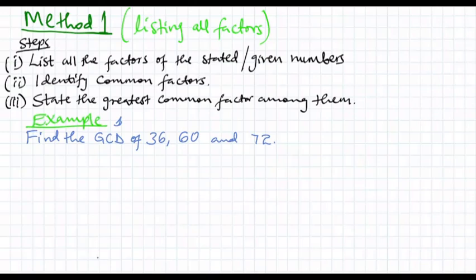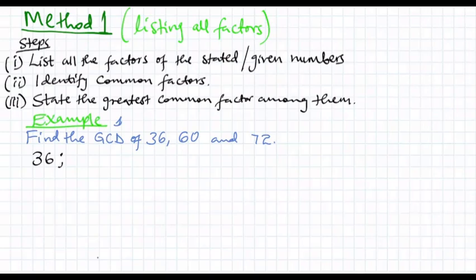So the first number is 36. For 36, what are the numbers that can divide 36 without a remainder?